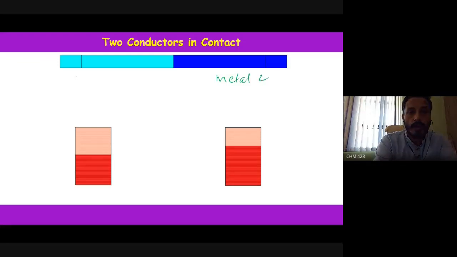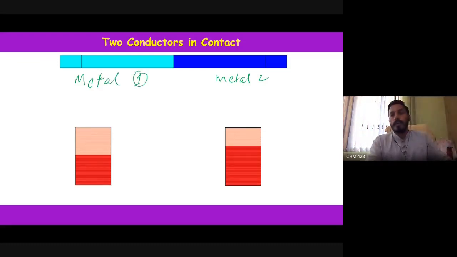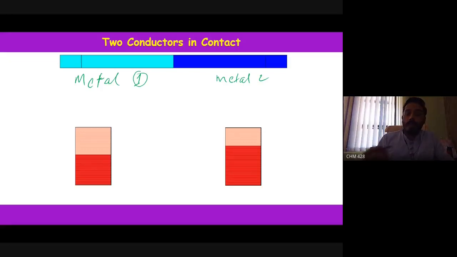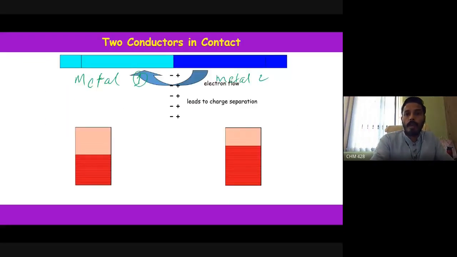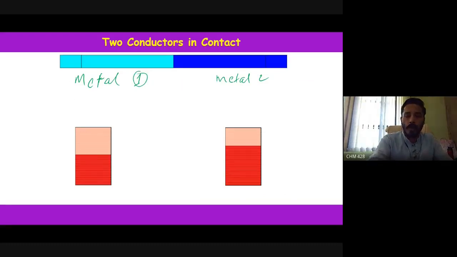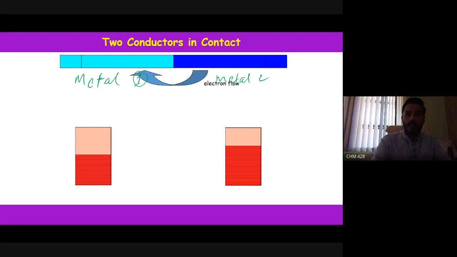I can't write properly, very sorry for that, but I hope you can see it. If you bring them in contact, since metal 2 has a higher Fermi level compared to metal 1, there will be electron flow. Electrons will flow from the right-hand side to the left-hand side very clearly.